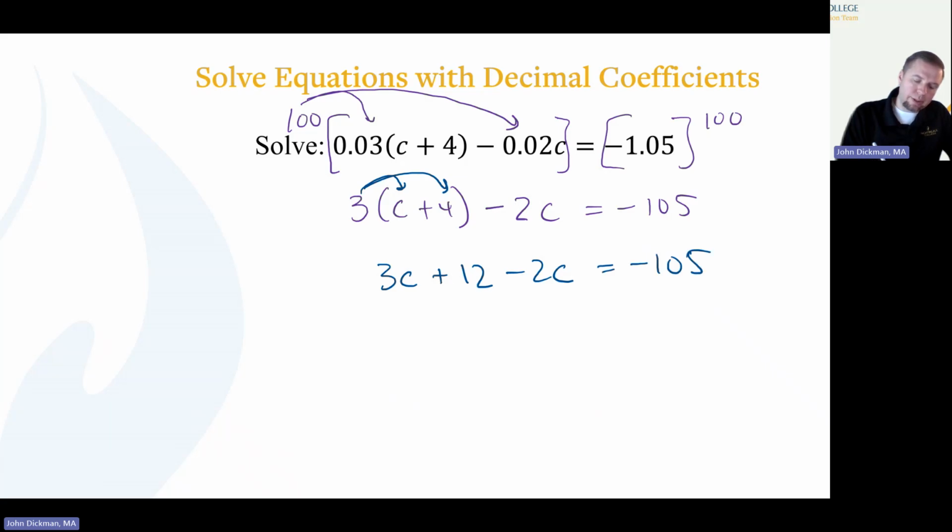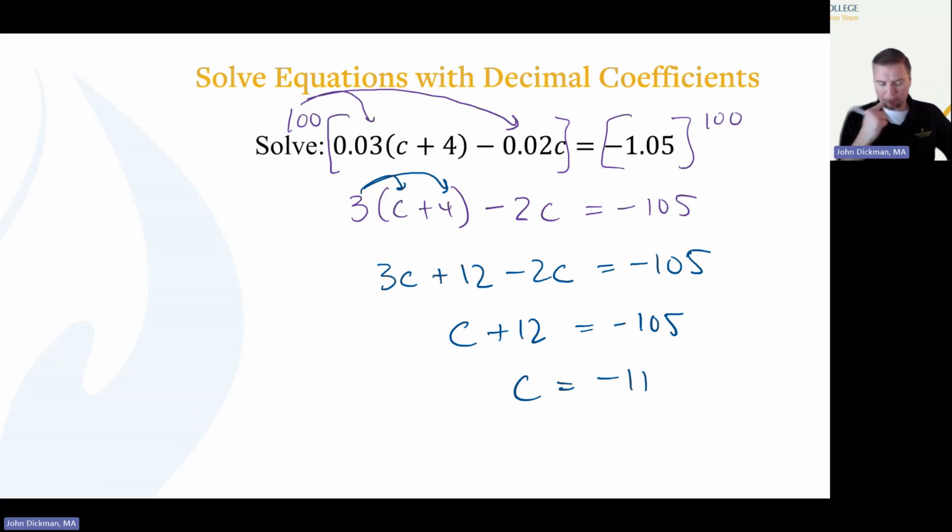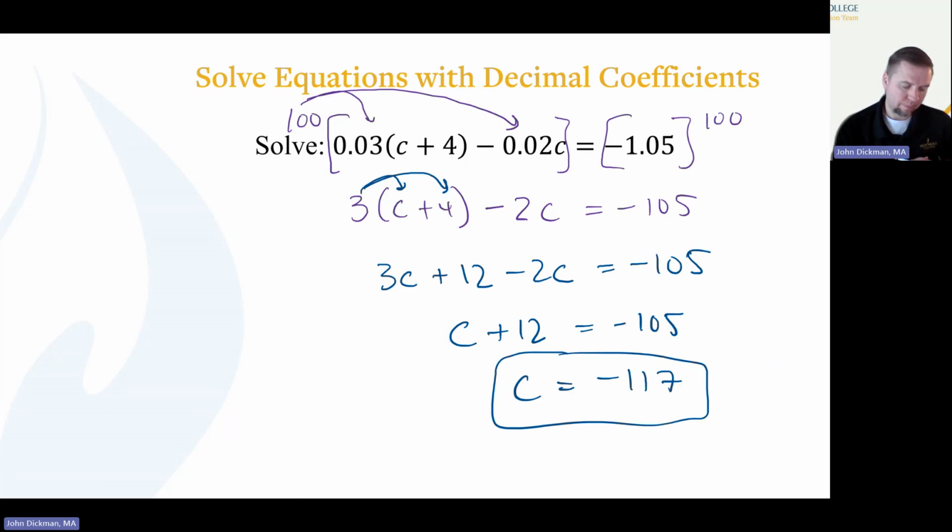Combine like terms, c plus 12 equals negative 105. Subtract 12. Negative 105 minus 12 is negative 117. That's all there is to it.